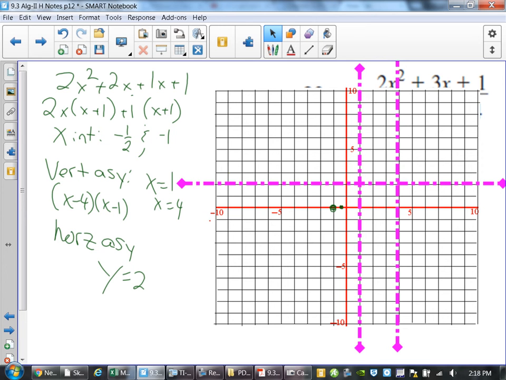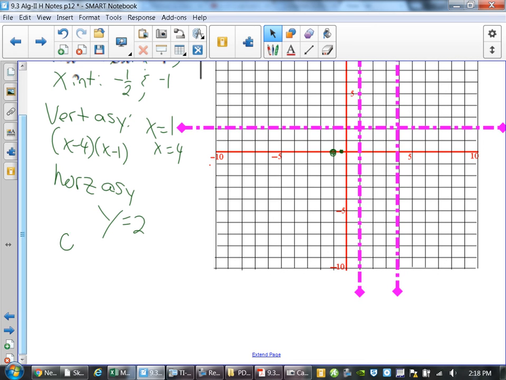The next logical point to check would be my what? My 0. If I use 0 for x, it's going to give me my y-intercept. So substituting in 0 real quick here. 1/4. So at 0, okay.